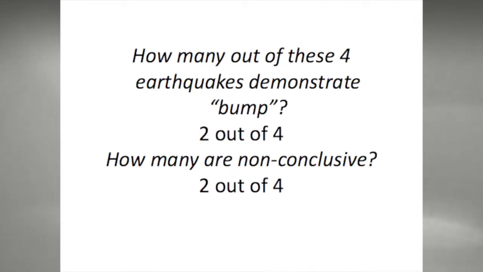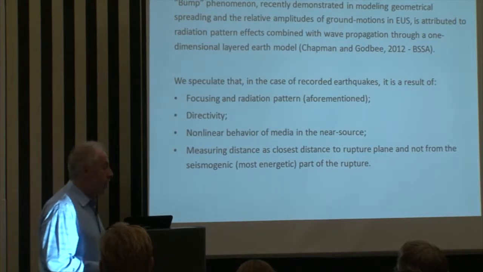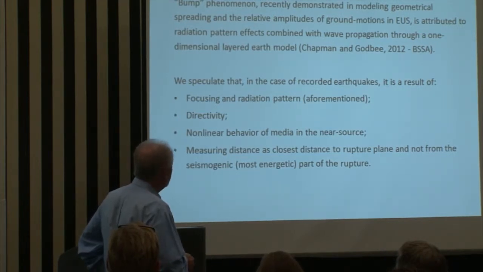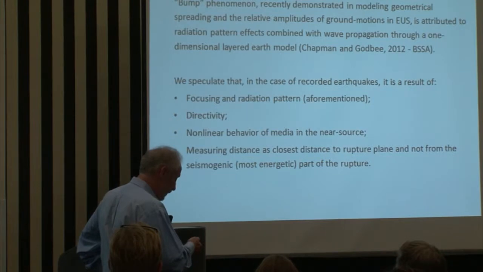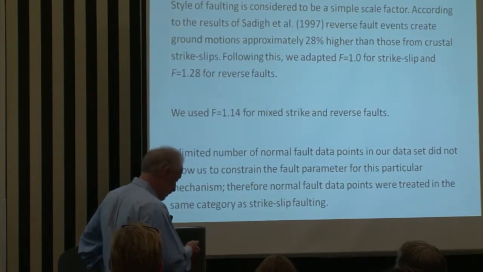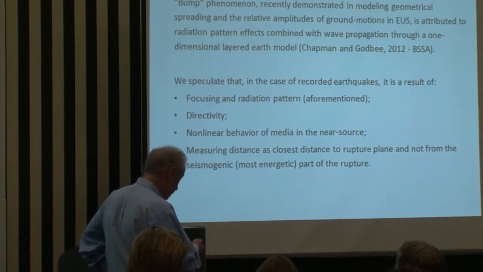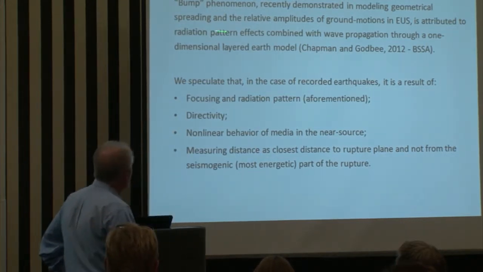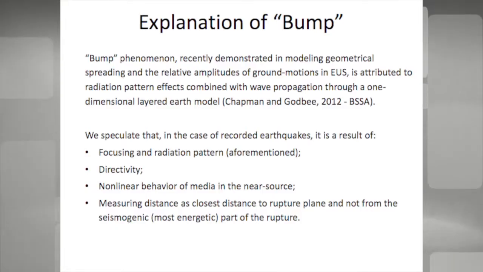Now, I've been asked many times how we explain this bump. And here come, in a way, certain speculations. First, recently we found similar results in a publication in BSSA, Chapman and Goodby, BSSA 2012. They also demonstrated a bump or amplification of ground motion at a certain distance from the fault, not exactly on the fault.